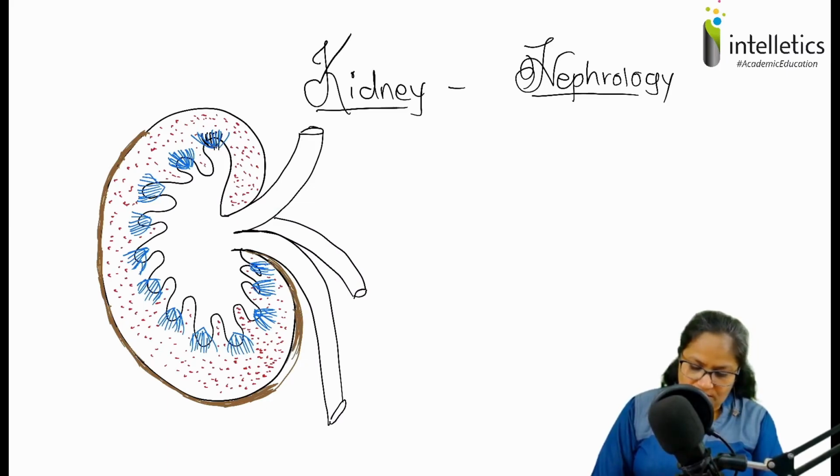As you know, kidneys are said to be retroperitoneal, and they're present in the lower abdominal cavity, one on either side of our spine.